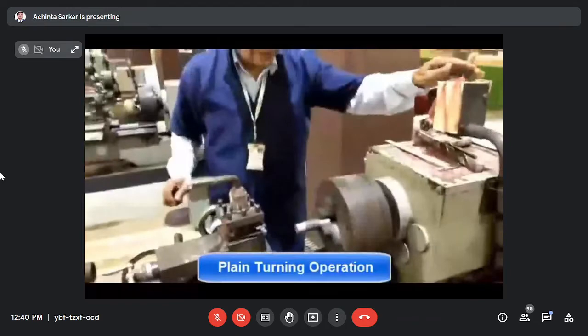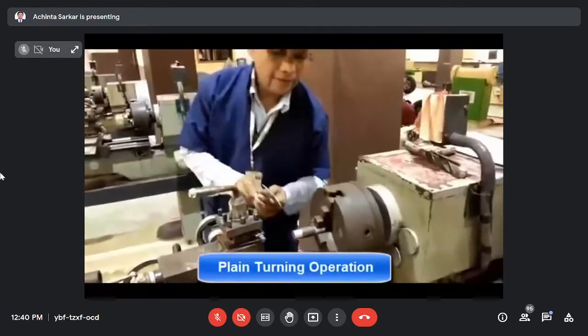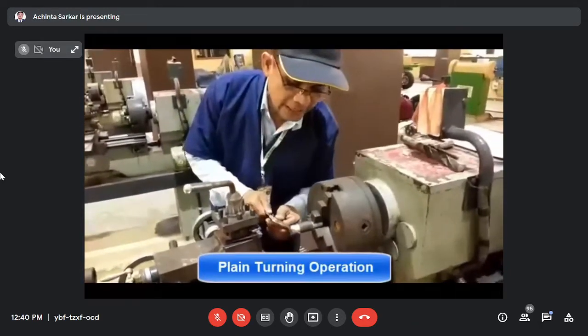Okay, now stop the machine. Fix it and you can measure. Are you getting the exact dimension or not?